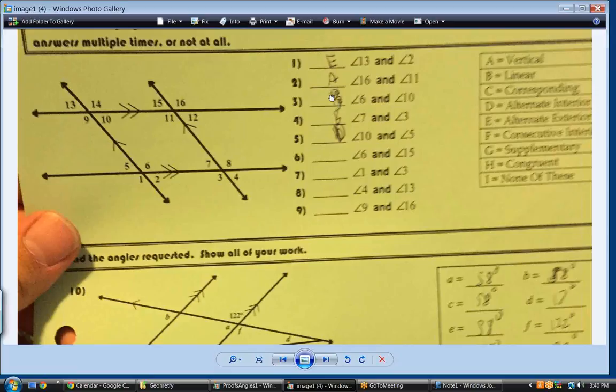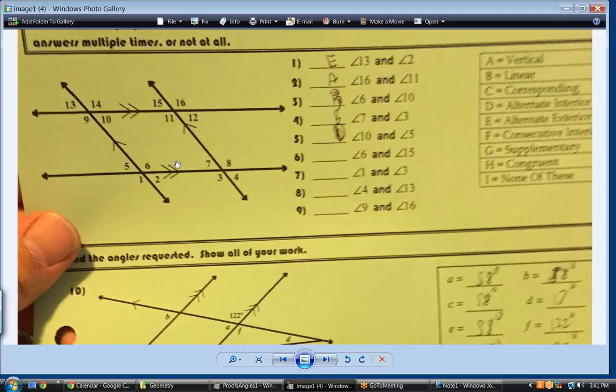That should be F. You see why they're consecutive interior? Yeah. Okay. 7 and 3 are linear, okay. 10 and 5, alternate interior, which is D.